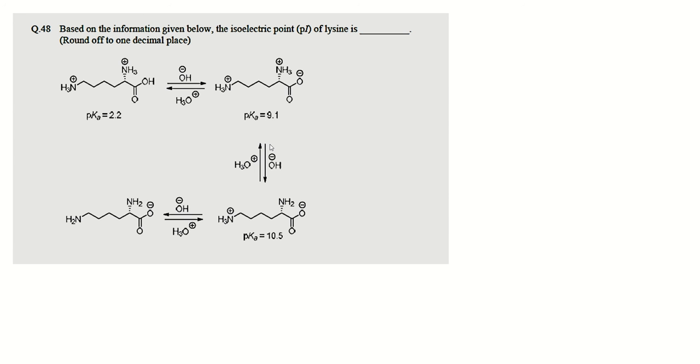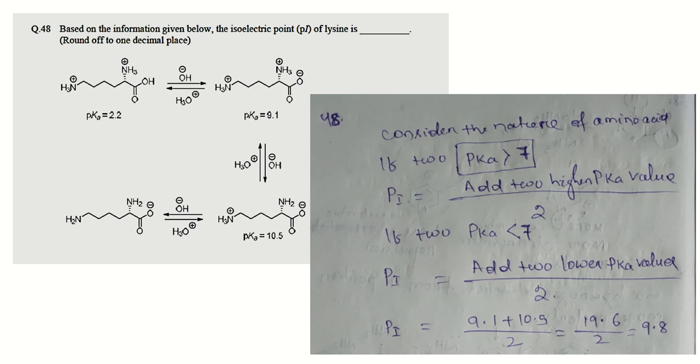When you calculate the isoelectric point of a basic amino acid, you should add the two higher pK values. Here these are 9.1 and 10.5. Add these two and divide by 2, and this will be the isoelectric point.